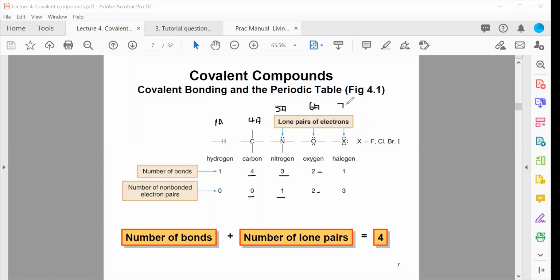And then the group 7A halogens, where the halogen is denoted here by the letter X. 7 valence electrons for these ones. The halogen will use one of its 7 valence electrons to form one single covalent bond with 3 lone pairs of electrons remaining. So 1 bond, 3 lone pairs. Students do get quite confused with these.